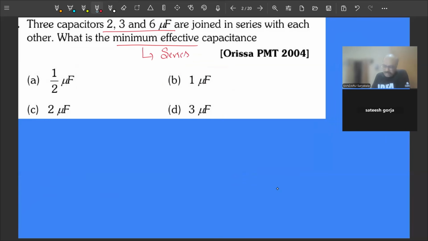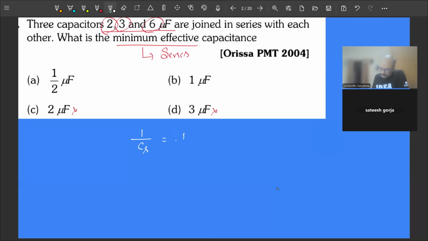When the 3 capacitors are connected in series, the answer should always be less than the least capacitance value among them. So this is wrong, this is also wrong. We can use this technique to eliminate 2 options. The equivalent capacitance should always be less than the smallest capacitance value.